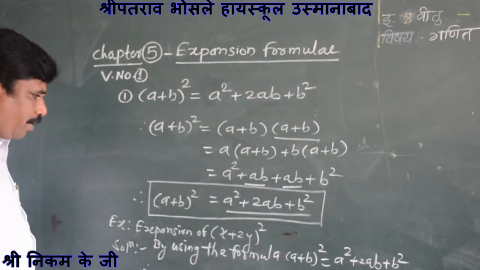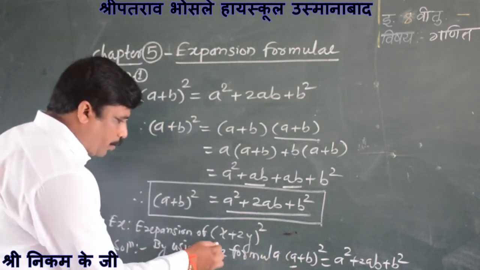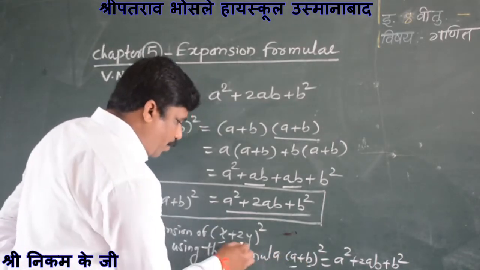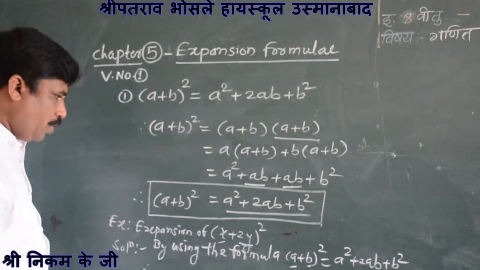Therefore, here a is equal to x and b is equal to 2y.